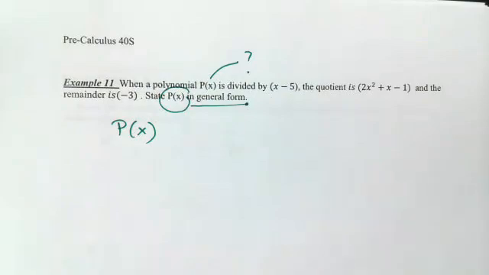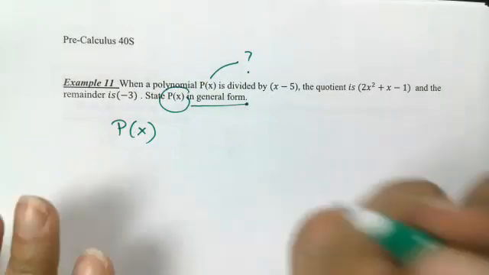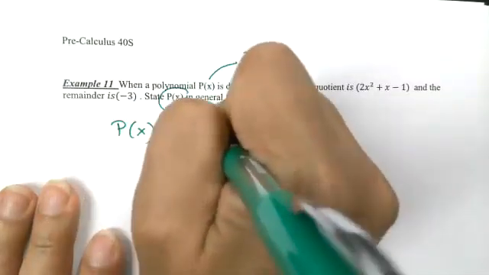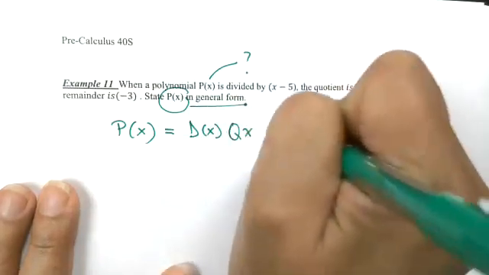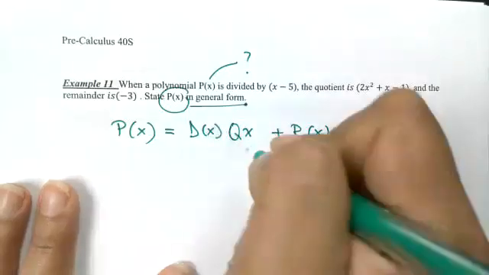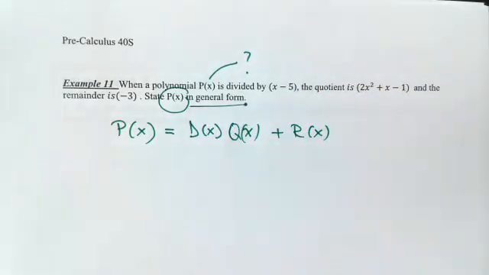The answer is yes. You have that second statement that tells you exactly what p of x is by using all of these parts of the division. So p of x is d of x times q of x plus r of x, right? That's the statement you have.